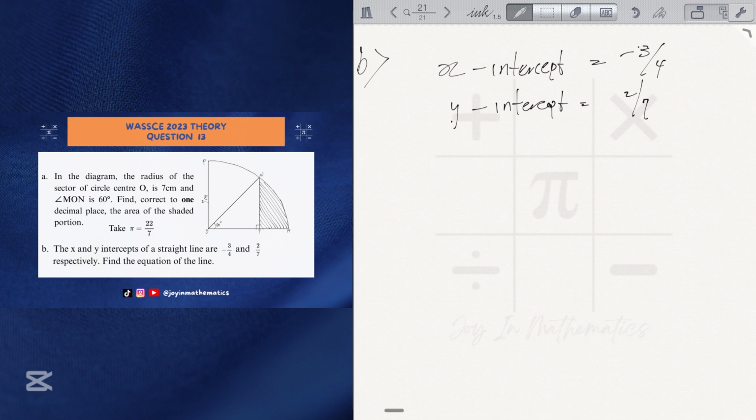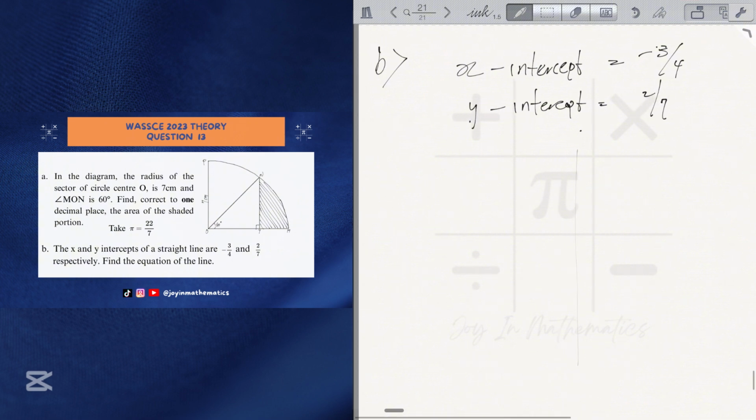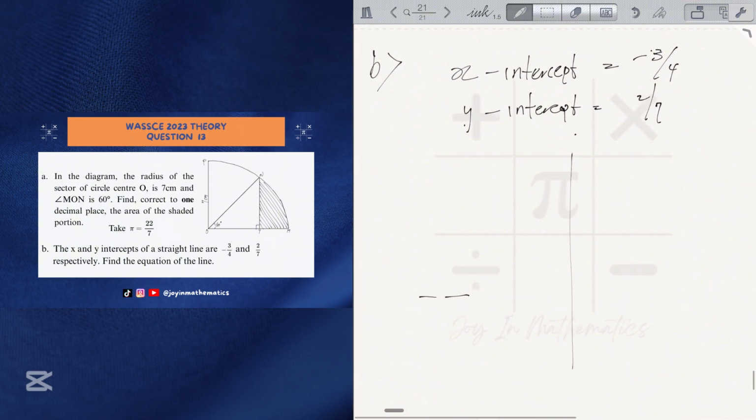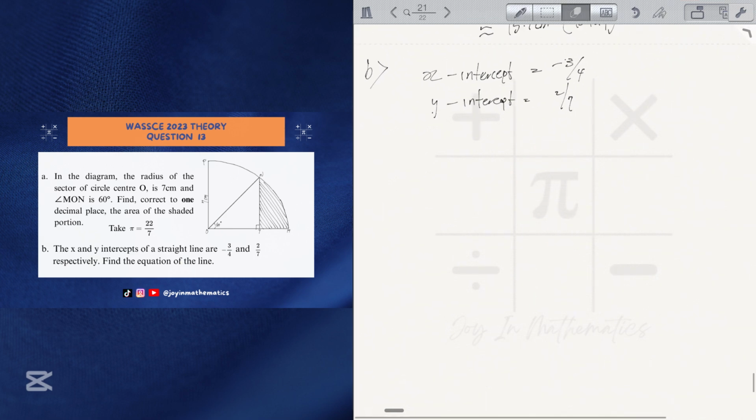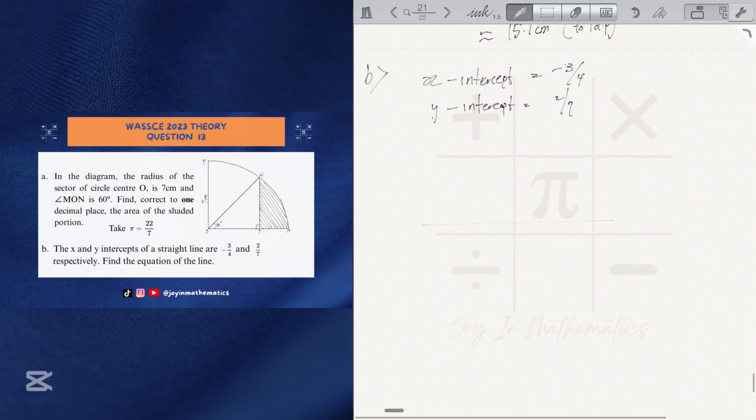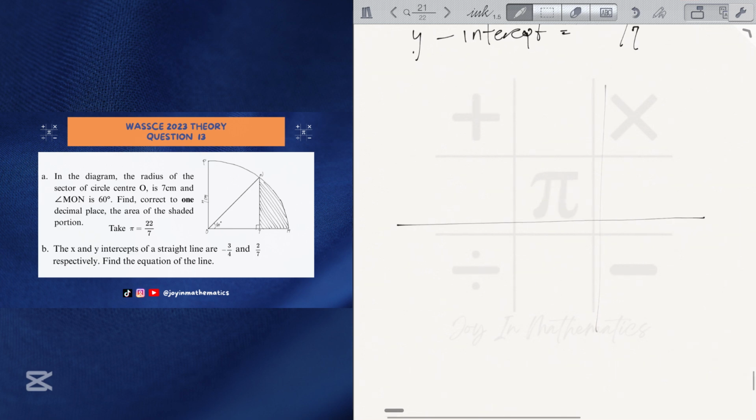So to do this, let's draw a sketch of the line using the x and y intercepts. So we can see the x intercept is negative, which is -3/4. -3/4 will be about here.